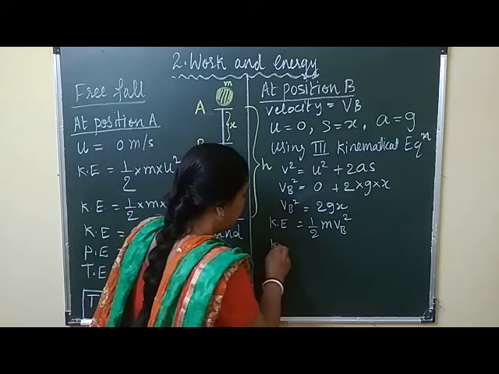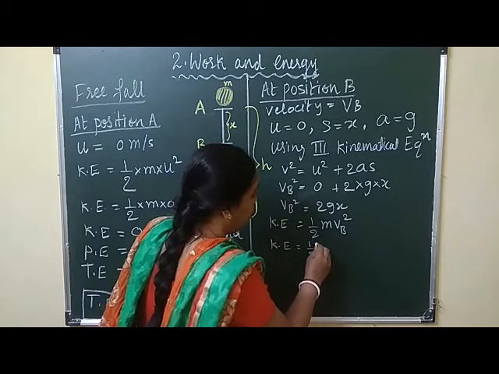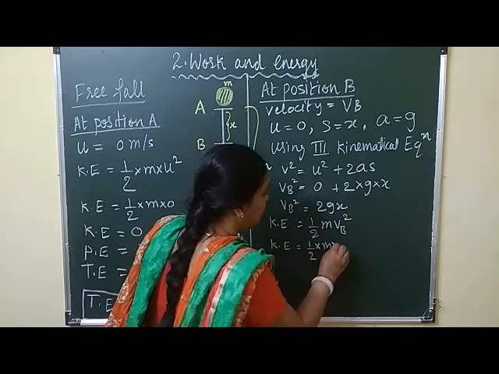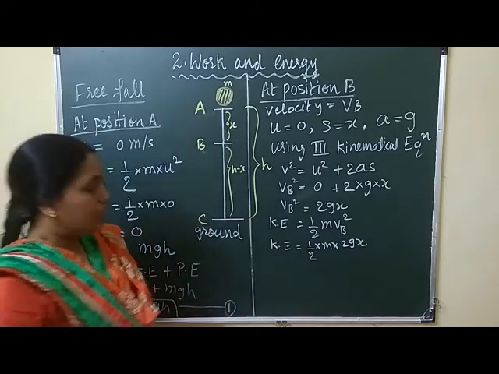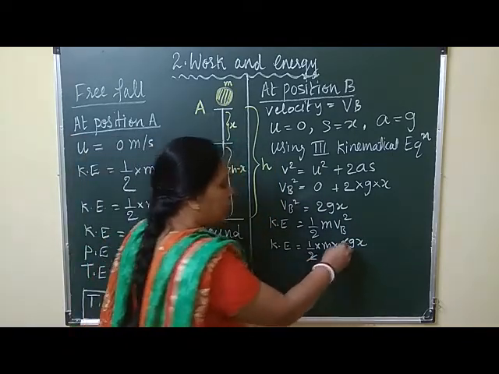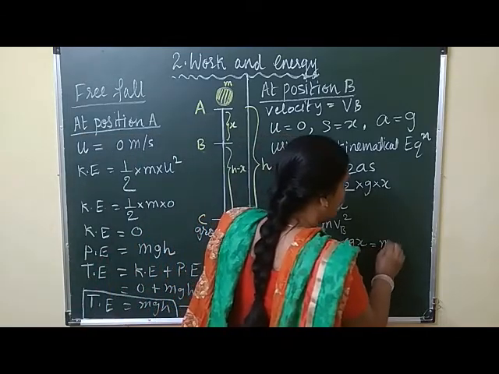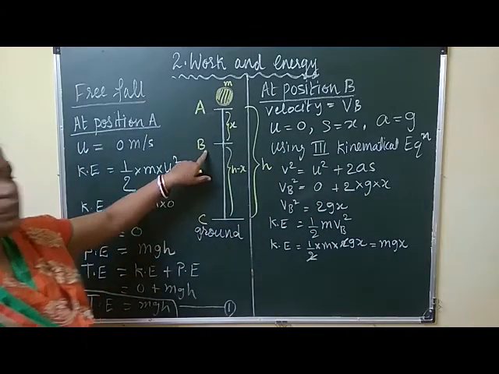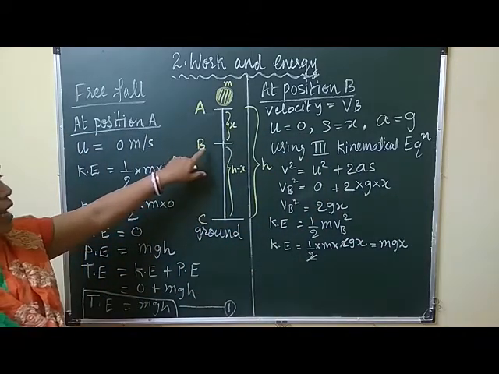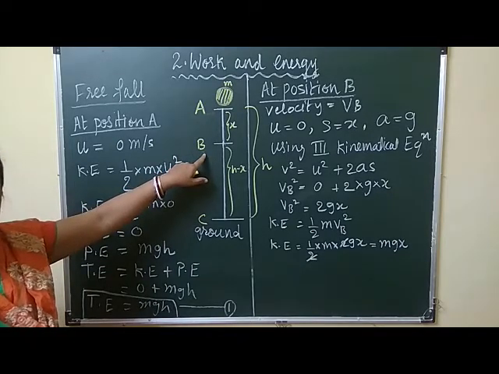We will get kinetic energy is equal to half into m into 2gx. This 2 and this 2 get cancelled. So kinetic energy is equal to mgx at position B. Now at position B, it is having potential energy also.